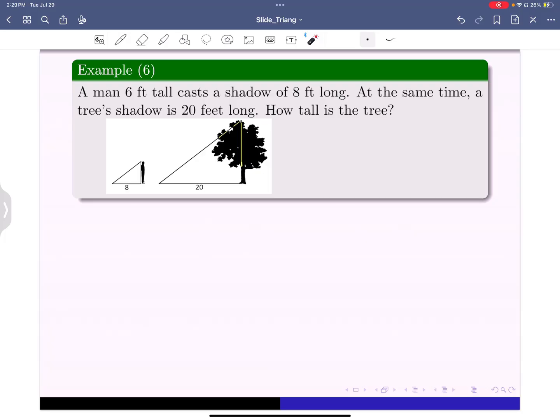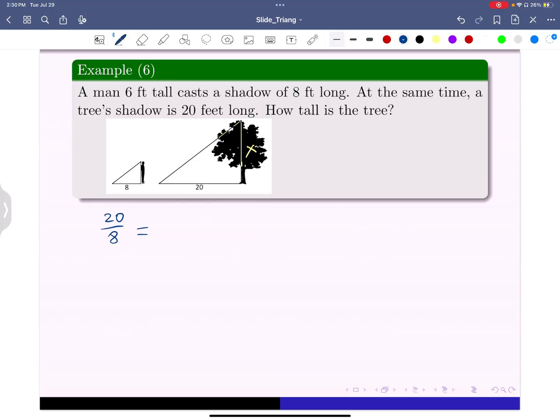So we can either find this scale factor, this is the big divided by the small, or we can just set up a proportion. So we have the big divided by small, that's my scale factor. That must be the big, that must be the tree. So we need to put maybe x, that we want.